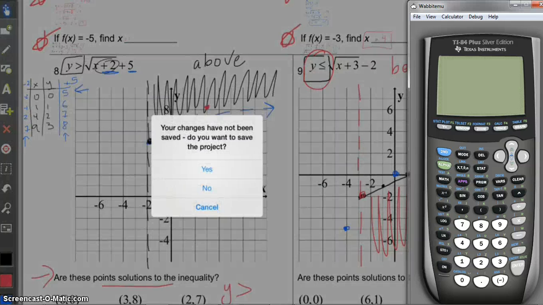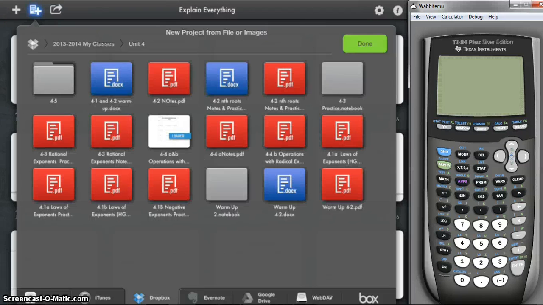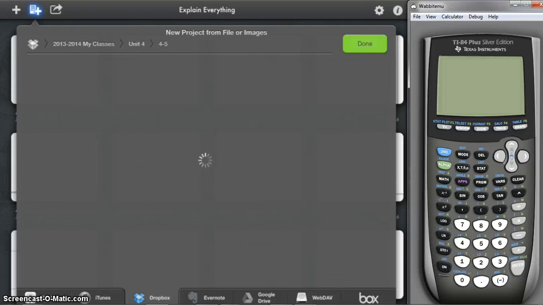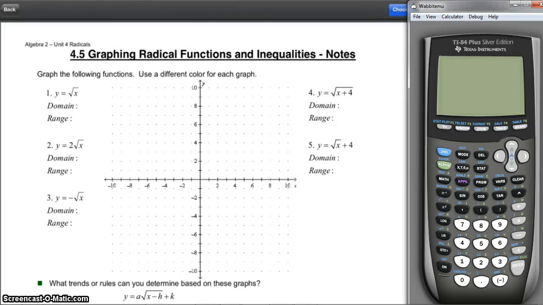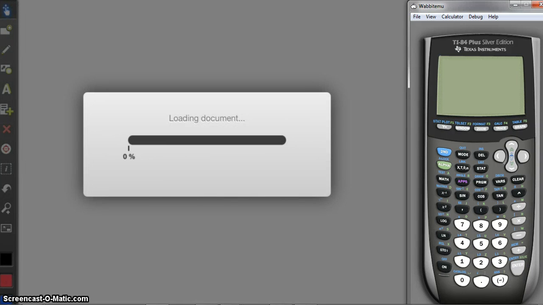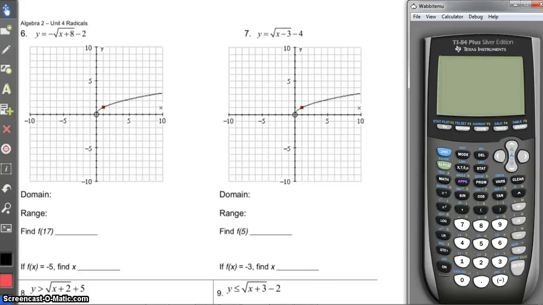Let's open a new page. This is the 4 or 5 notes. Let me get it from here. So this is the 4 or 5 notes. So let's move on to the back page.